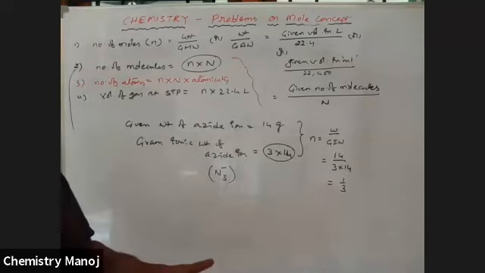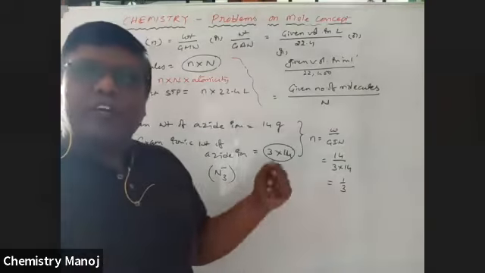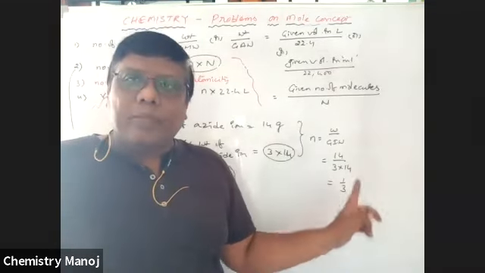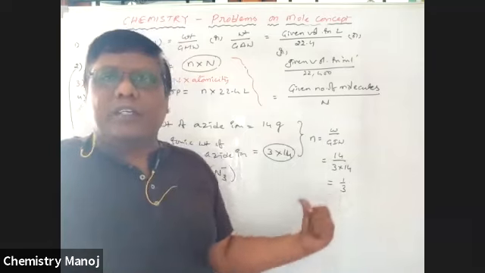We know 1 mole contains Avogadro number. 1 by 3 moles contains how many? 1 by 3 into Avogadro number of ions.